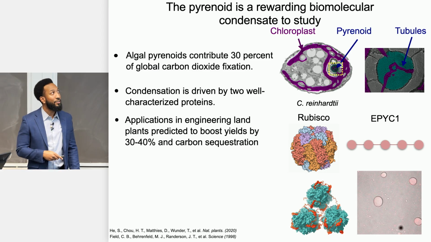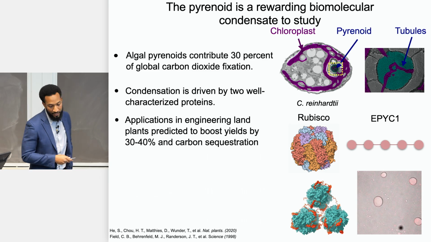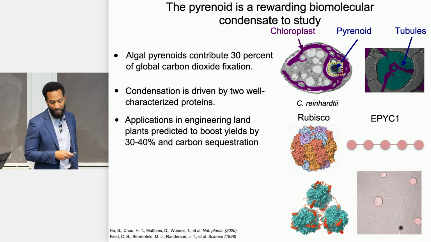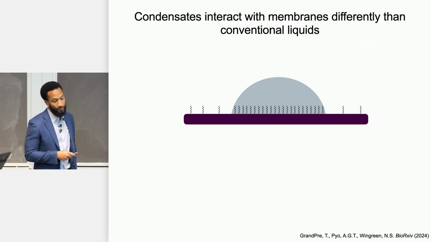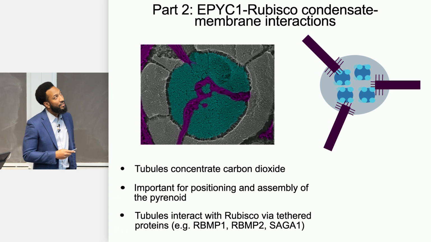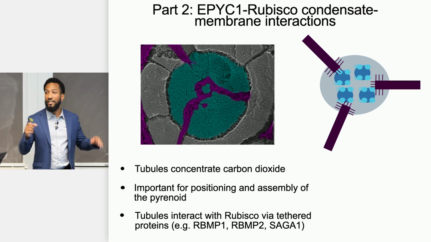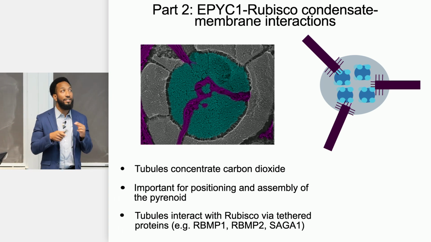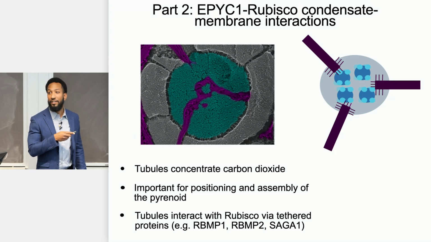Okay, so I want to tell you a little bit about EPYC1 as one of these condensates. Another thing to mention is these tubules. As I mentioned, they actively transport carbon dioxide into this pyrenoid matrix, which is this liquid-like droplet, so that the Rubisco can fix it.